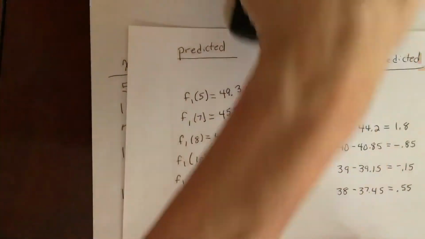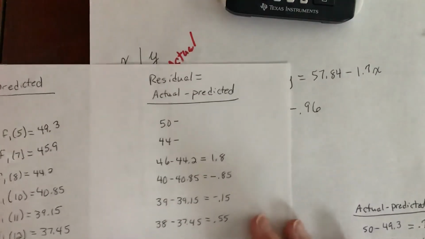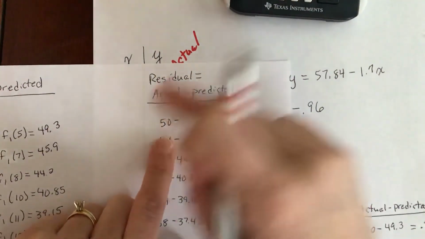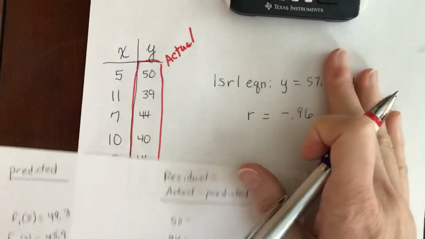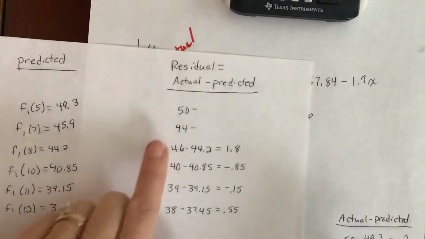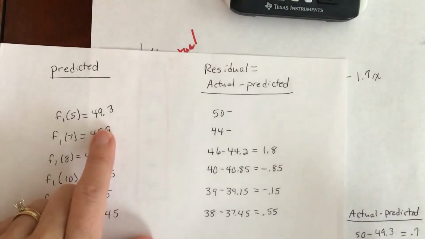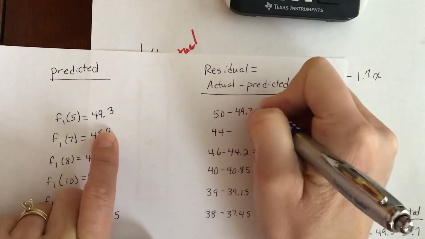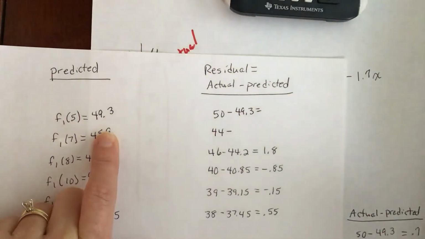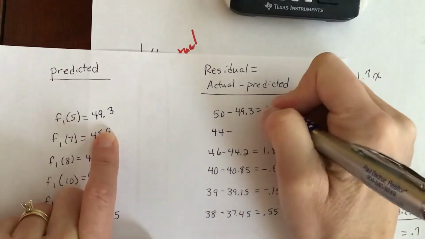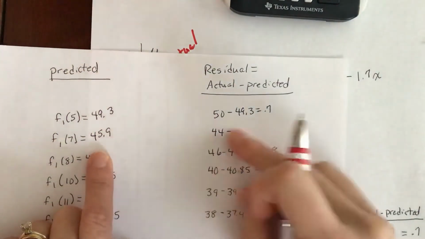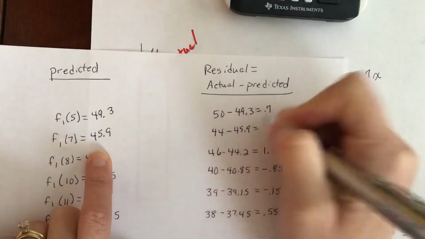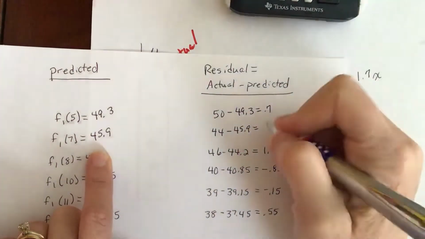So to compute our actual residual, we're doing the actual value, which was from our table of values, these points. So actual value minus predicted value, so 50 minus 49.3, and we get 0.7. And then 44 minus 45.9, and we get negative 1.9.